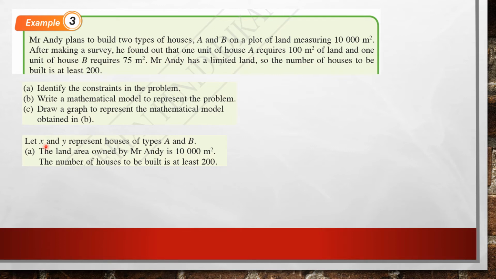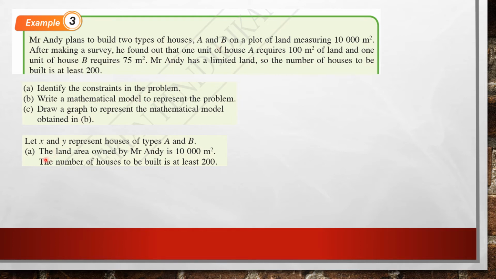So here, let x and y represent houses of types A and B. Because Mr. Andy wants to build two types, one is A, another one is B.